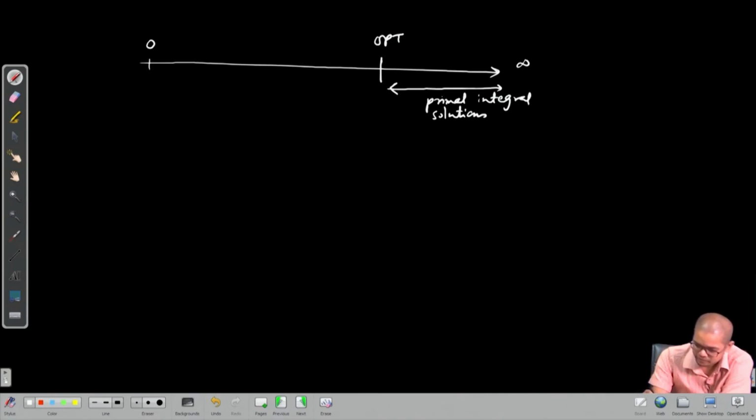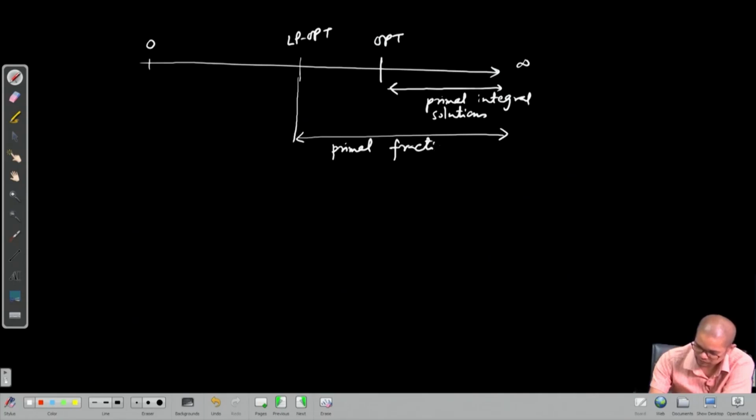Now, if I relax it, this is maybe LP opt. So, this region is primal fractional solutions. And this region is dual fractional solutions.